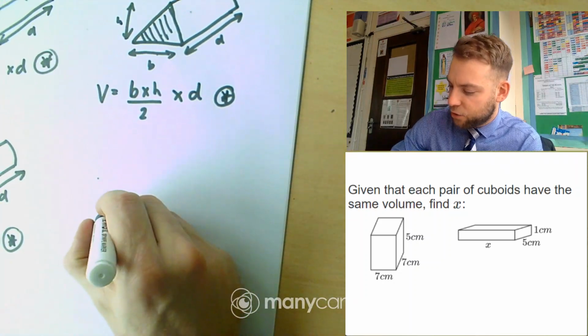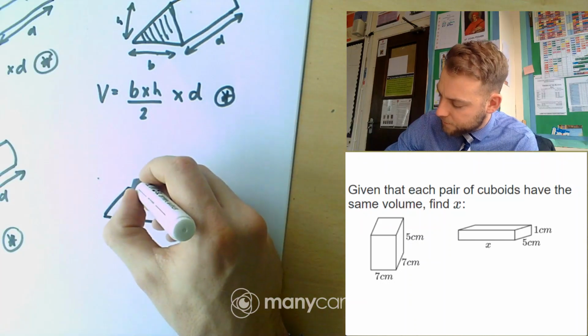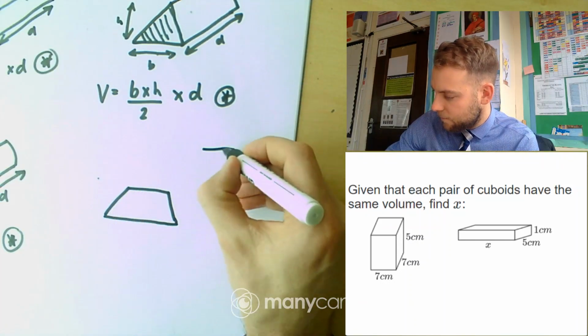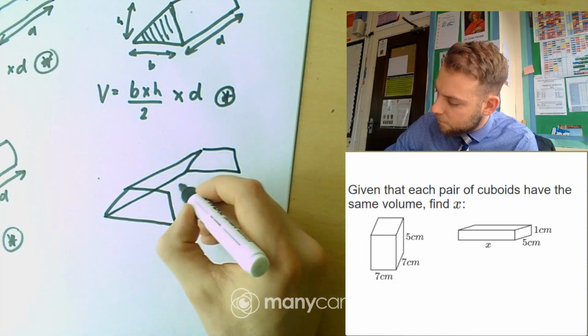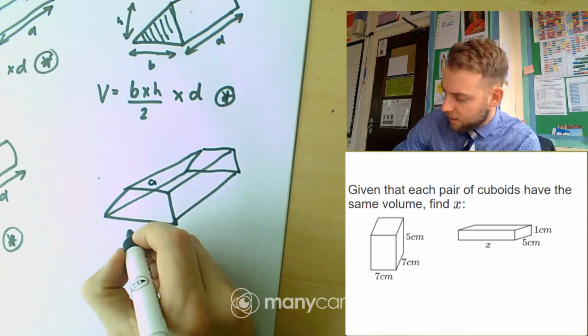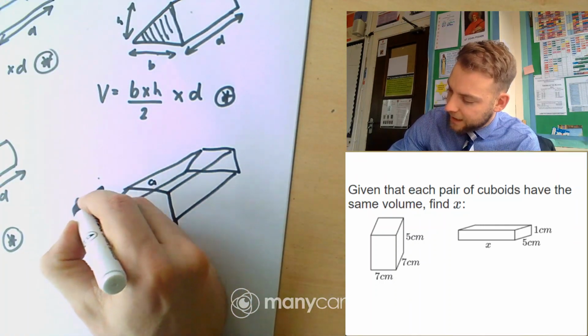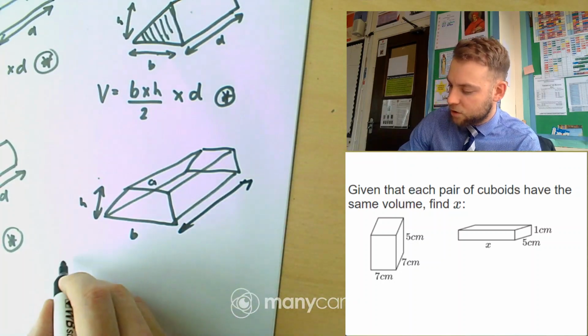And the last part, I haven't done one of these, but it's worth having a think about. Trapezoid. In this one, A, B, and perpendicular height, which is H, and then you've got your depth down here.